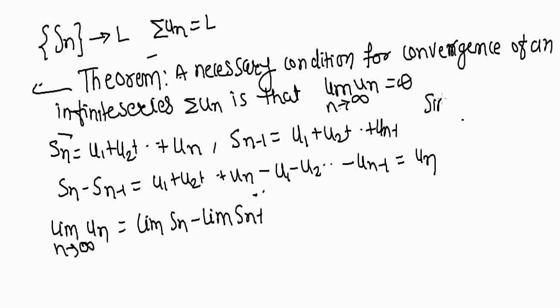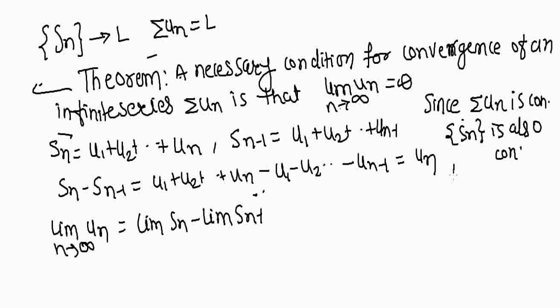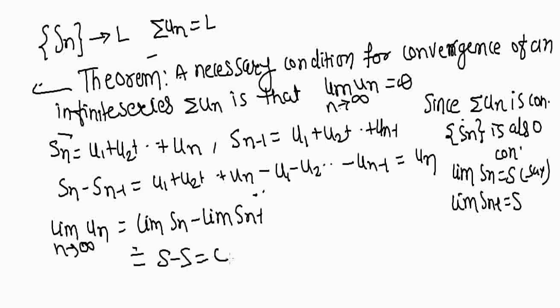Since the series summation un is convergent, the sequence Sn is also convergent, and it converges to, suppose, S, that means limit of Sn equals S. The limit of Sn minus 1 is also equal to S. So we get S minus S equal to 0, and hence whenever the series converges, the limit of the nth term un is equal to 0.